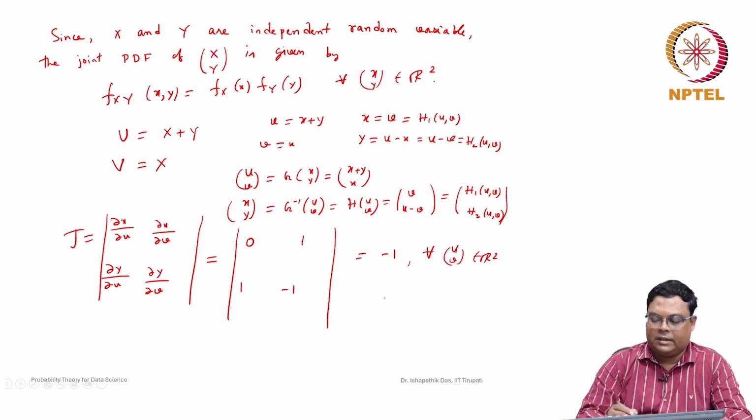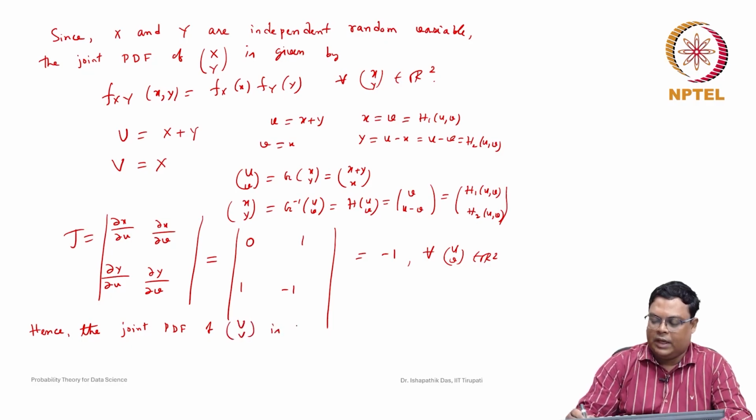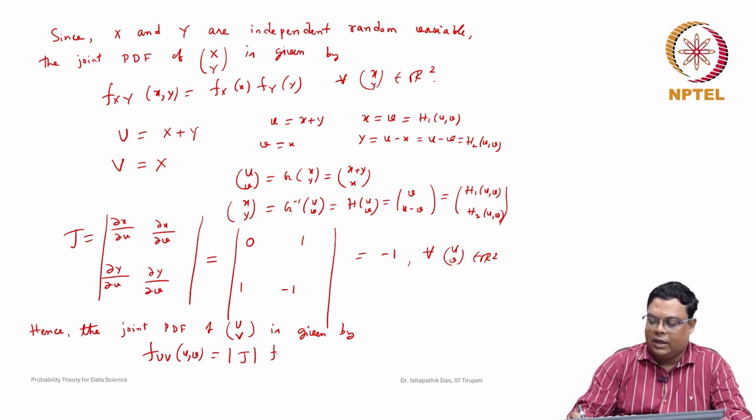Hence the joint probability density function of the vector (u, v) is given by f of (u, v), which is equal to, by the theorem, the absolute value of J times f of (x, y) evaluated at the inverse h of (u, v).